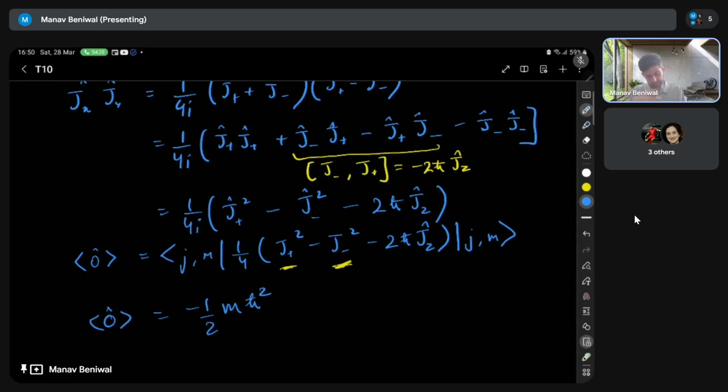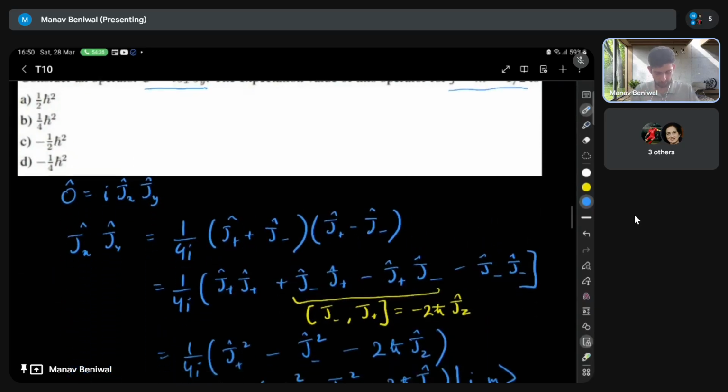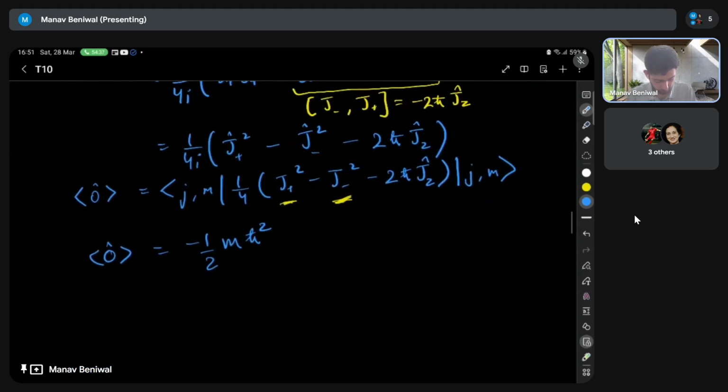Okay, this is clear. And in the problem it is given that m and j both are 1 by 2. So if we put m as 1 by 2, the expectation value is minus 1 by 4 h cut squared.